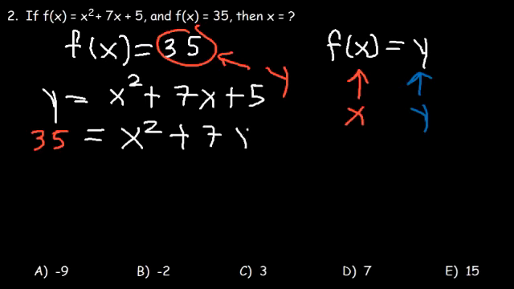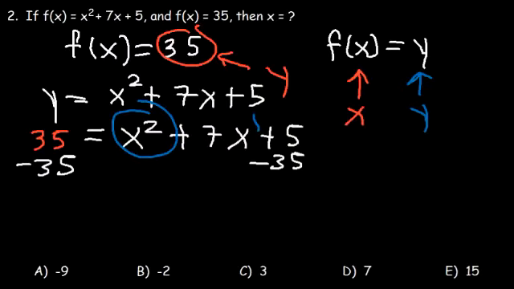Whenever you see an x squared and an x variable with half the exponent, like x to the first power, it's a quadratic equation, and you may have to solve it either by using the quadratic formula, by factoring, or even by completing the square. So at this point, let's subtract both sides by 35. So now we have 0 is equal to x squared plus 7x minus 30.